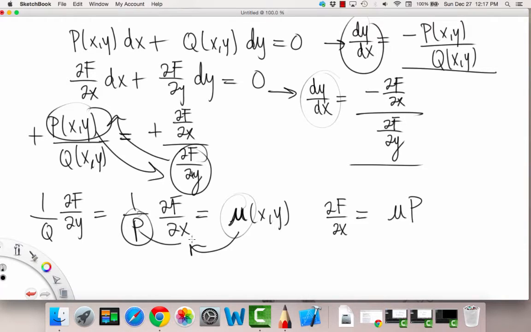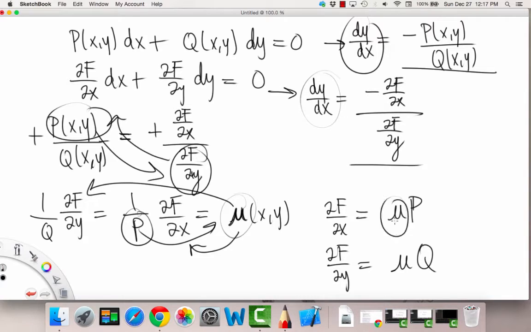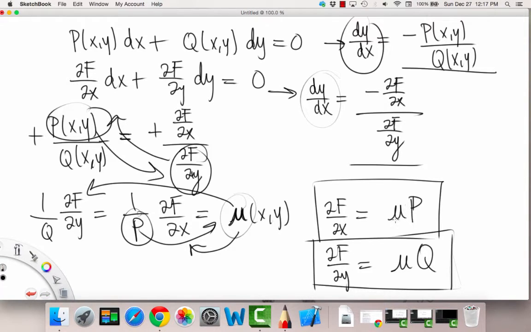If we were to multiply that p up to this side, partial f partial x should be equal to mu times p, and similarly, partial f partial y should be equal to mu times q as well. See here how it's not a direct thing, this mu is kind of stuck in the middle here. It's stuck on the side of p and q respectively. So we have these two different equations going on, and these will be very important when we move along.